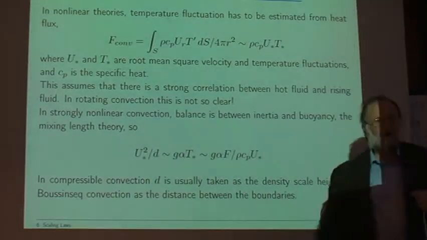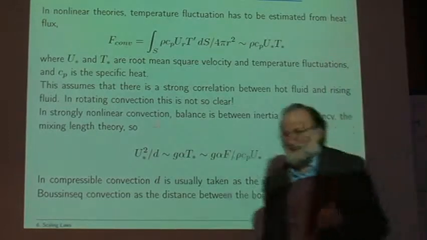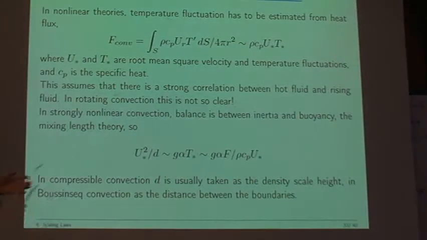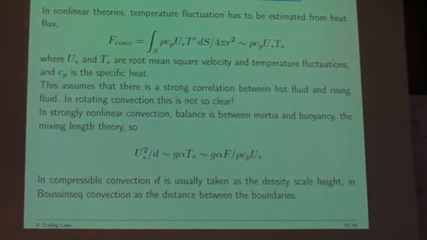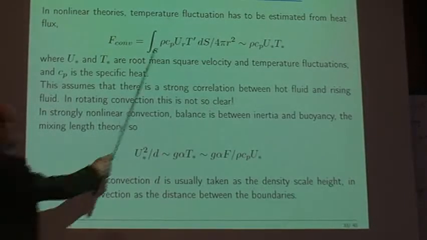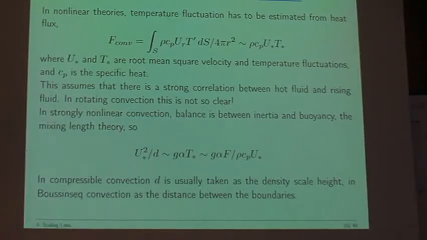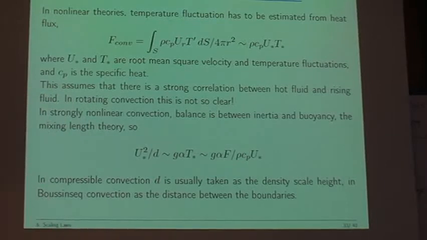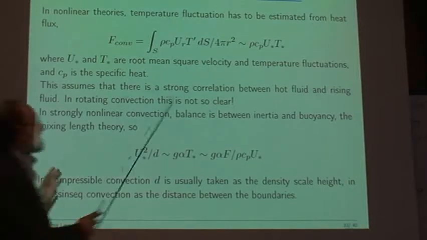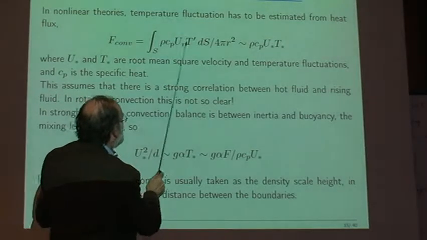In convection, generally hot fluid rises, okay? So generally one expects that the hot fluid, i.e. the high temperature fluid, will be strongly correlated with UR, so that you would expect the correlation coefficient in that integral to be close to 1. However, we are talking about rapidly rotating convection, and anybody who has seen laboratory experiments of rapid rotation knows that having started to move in one direction, the fluid has a horrible tendency to suddenly turn sideways on you and move sideways, so it's actually not entirely clear that this is strongly correlated.